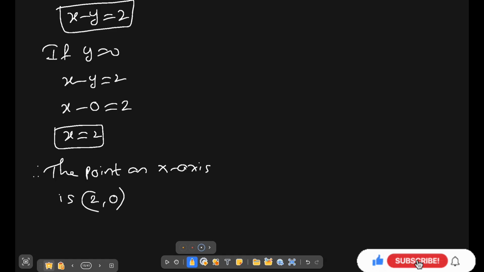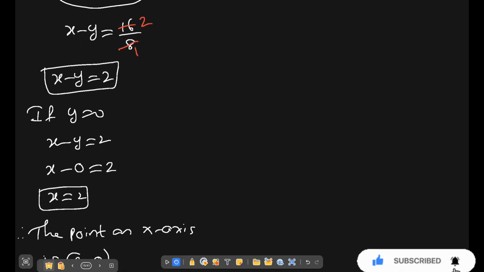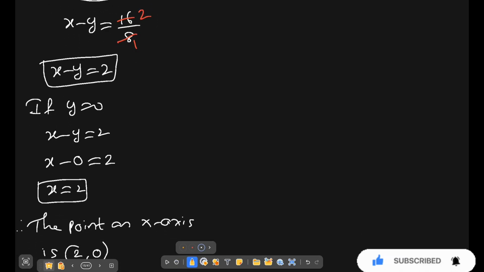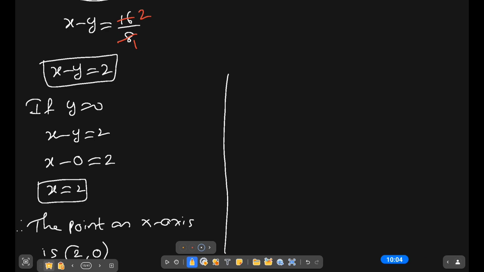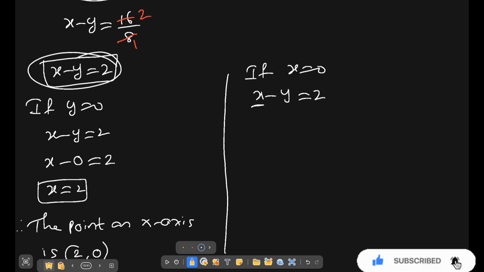Next, let's find the point on y-axis. If the point is on y-axis, we have to take x coordinate 0. If x is equals to 0, now from this one, x minus y is equals to 2. Substitute x value 0. So 0 minus y is equals to 2.